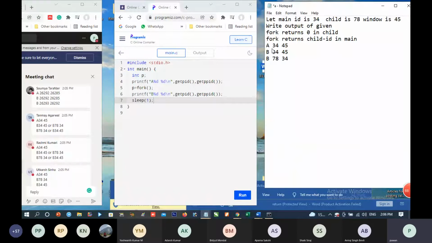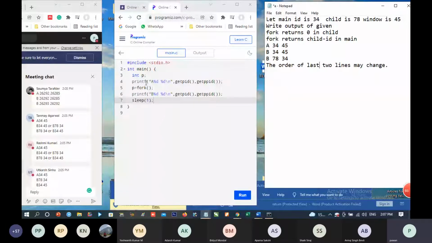The order of the last two lines may exchange. This is how the things will take place. Okay.